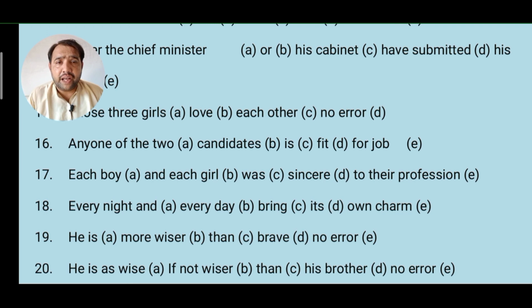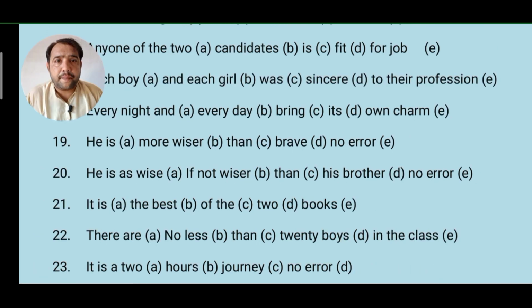So why do we need to add the extra comparative degree more with the word wiser? Guys, there is an essential point which you have to remember: sometimes when two qualities of a single person are compared, then we need more with the positive degree. So here we should say he is more wise than brave.